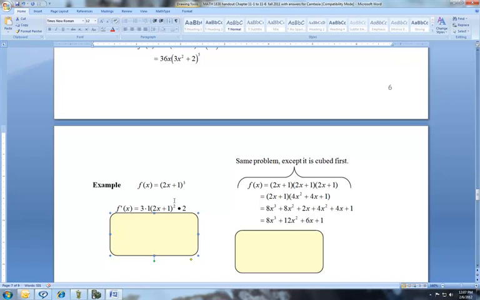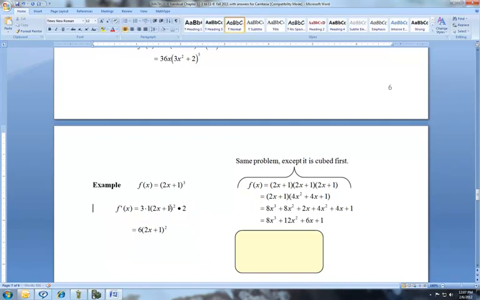Decrease power by 1. Remember what I said u prime was? There it is. So I've got 3 times 1 times 2. So this should clean up to 6 times that quantity squared. So there it is. This one, f prime of x, would be 24x squared plus 24x plus 6.